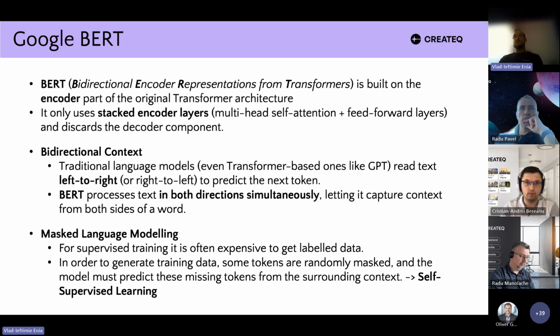One interesting thing about Google BERT is that it is able to process text in a bidirectional manner, so from left to right and also from right to left. It does this simultaneously, and it helps with capturing context from both sides of a word, so the previous and the next word.